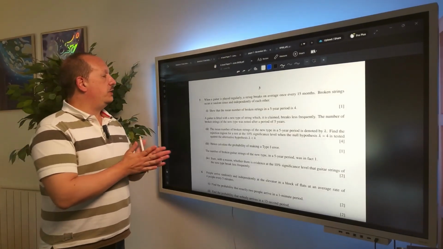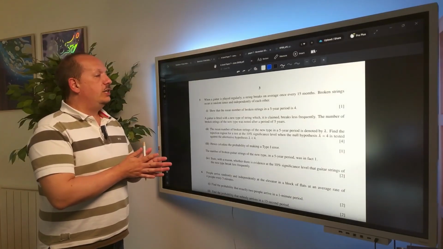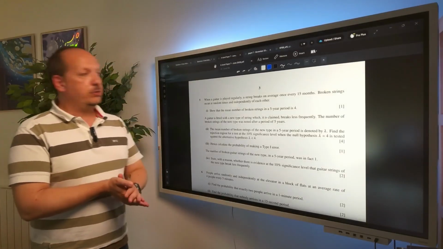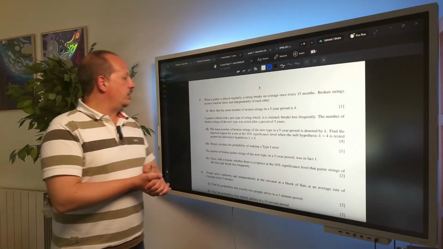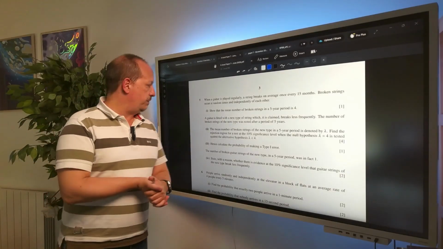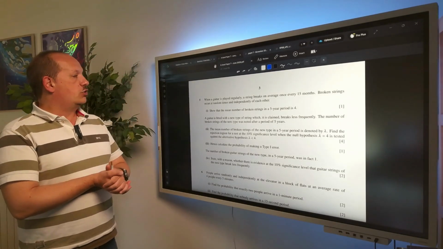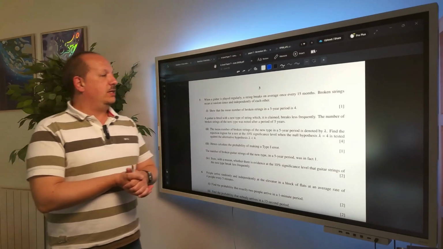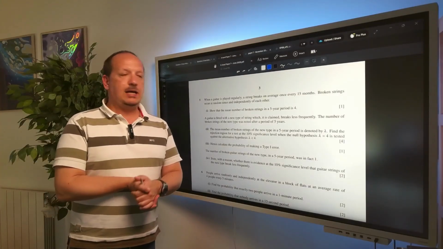a guitar is fitted with a new type of string which, it is claimed, breaks less frequently. The number of broken strings of the new type is noted after a period of 5 years. The mean number of broken strings of the new type in a 5-year period is denoted by lambda.